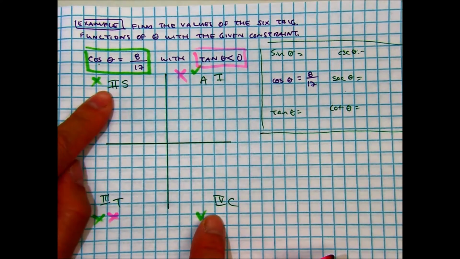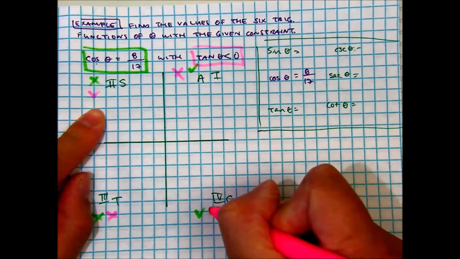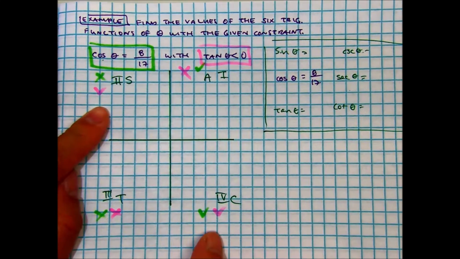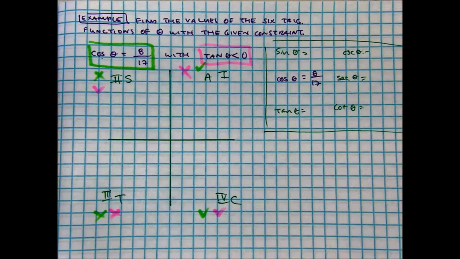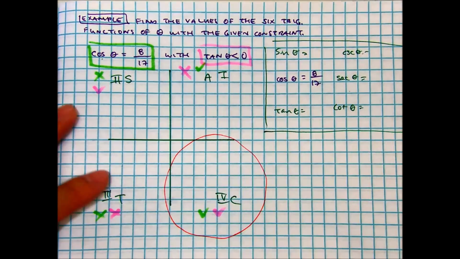Class, the only one that has 2 check marks is which quadrant? Quadrant number 4. Quadrant number 4 has both cosine is positive and tangent is negative.